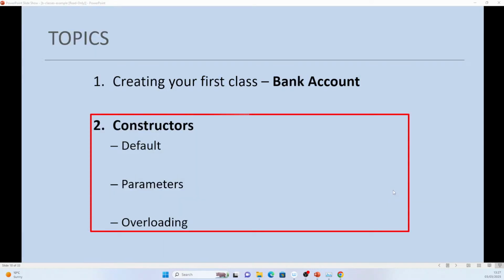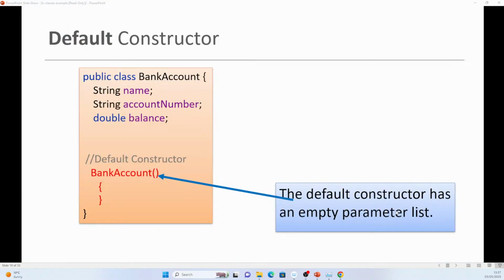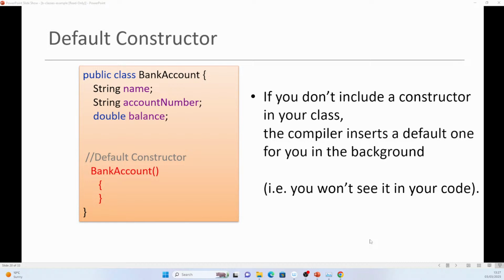Okay. So we're going to look at the default one first. So this is our default. We get this for nothing. You can also write it. You can put more things in it. If you don't include a constructor in your class, you won't see it in the code, but it's there in the background. Now you could actually code that yourself and just say put in name as, I don't know the name. You could hard code into it as well if you wanted.